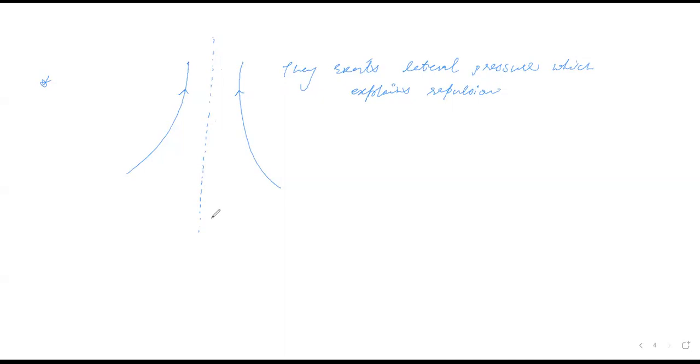This line is said to be the neutral line, or you can say there is a neutral point. So write here: neutral point. What is the neutral point? It is a point at which the net field is 0.